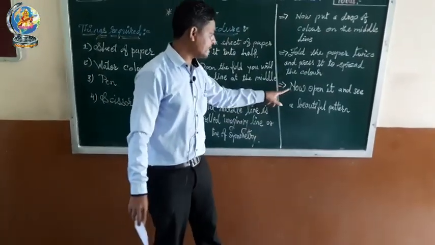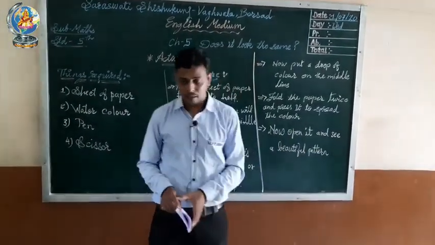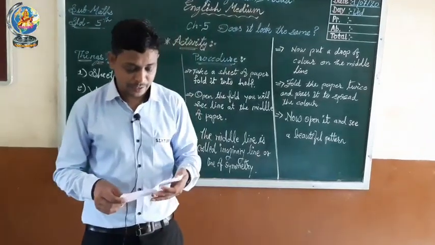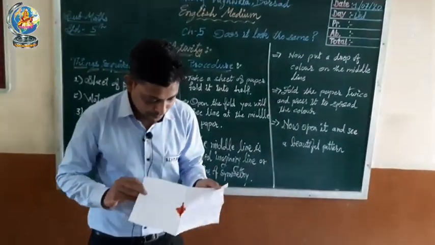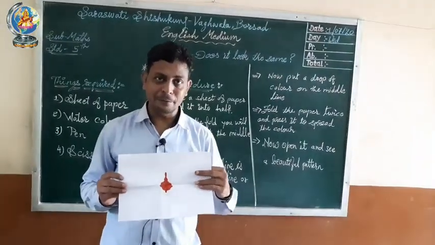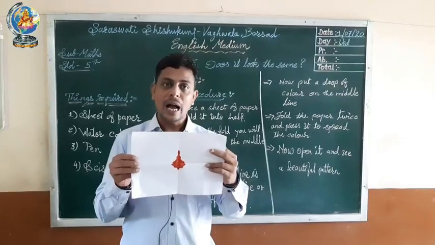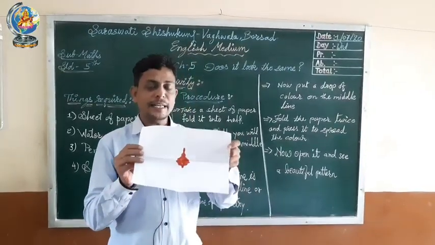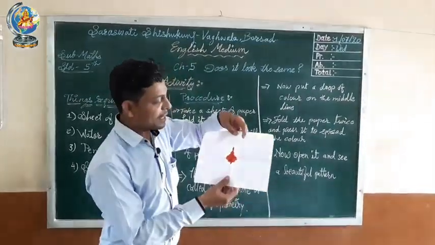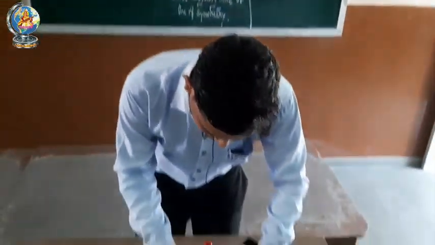The next point is, now open it and see a beautiful pattern. Now we will open this to see the pattern. You can see the pattern. It is very beautiful. We can also say it is divided into two equal halves. If we draw an imaginary line, then we can get two equal halves. So let us draw the imaginary line.